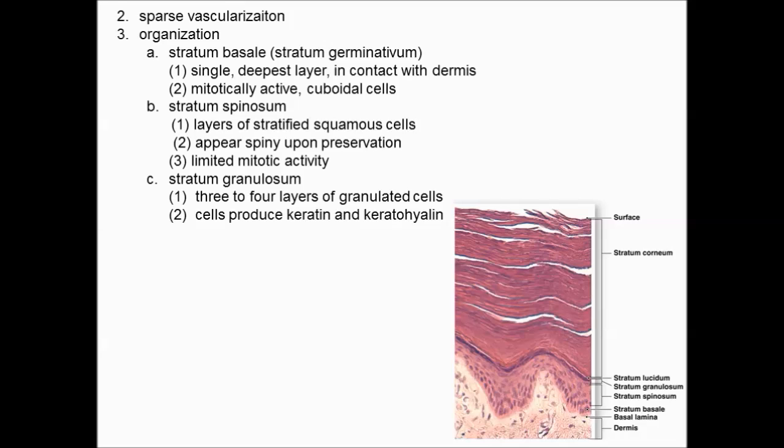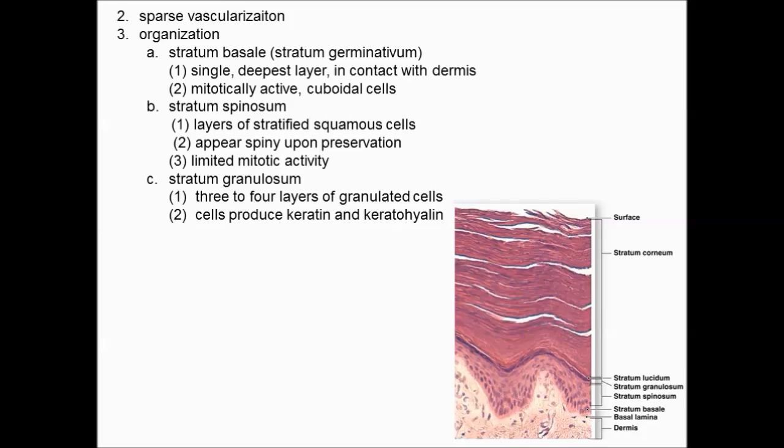and are sloughed off. The next layer up, the stratum spinosum, the cells have a spiny appearance, and that's largely due to the techniques which we use to preserve the cells and visualize them under a microscope.